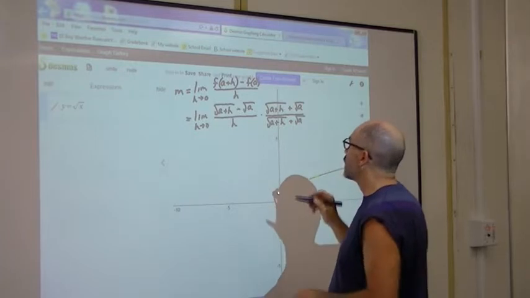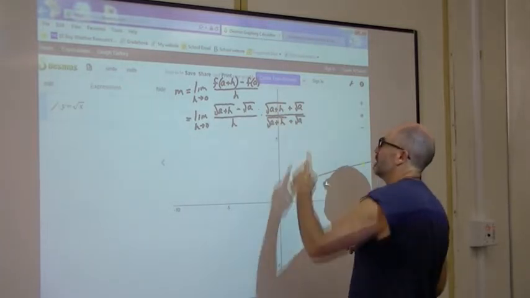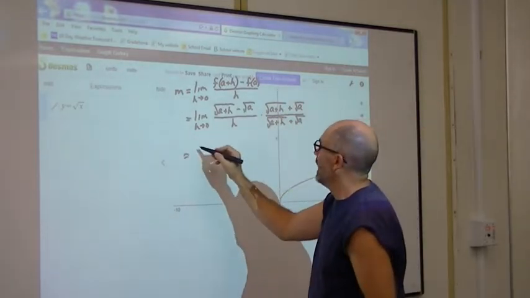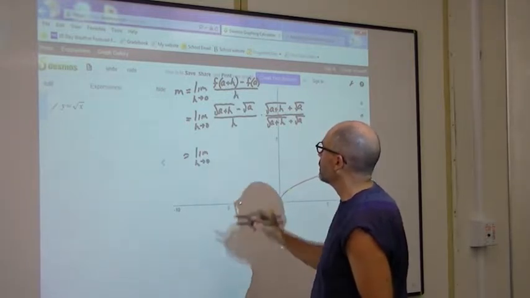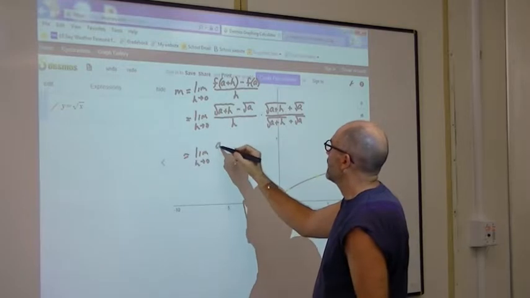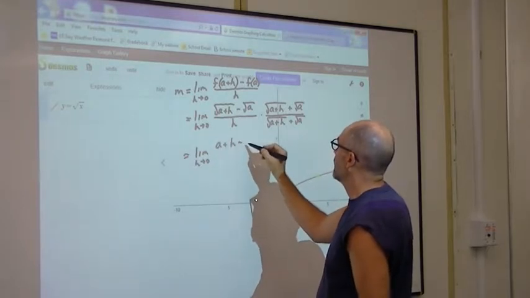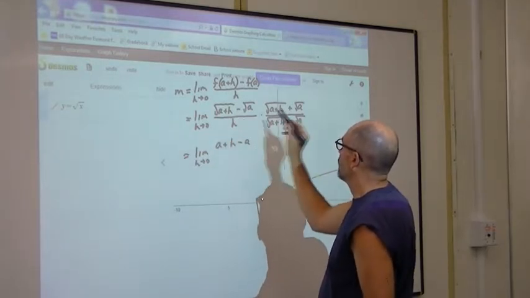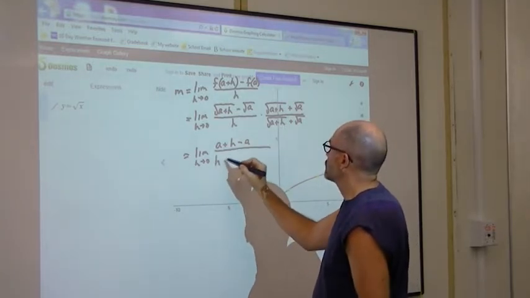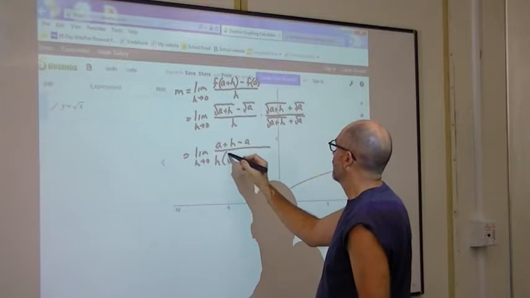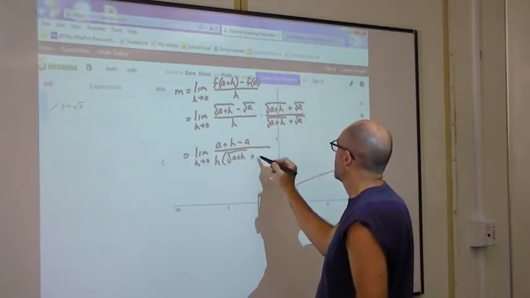Now, on top I have a minus b times a plus b, which is going to equal a squared minus b squared. So I've got a plus h minus a, all over h times the quantity square root of a plus h plus square root of a.